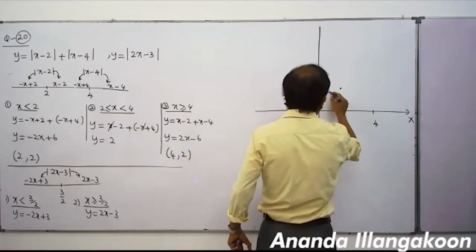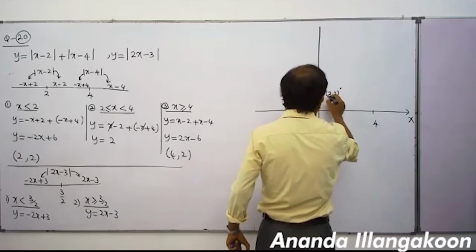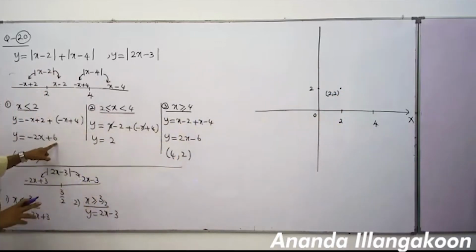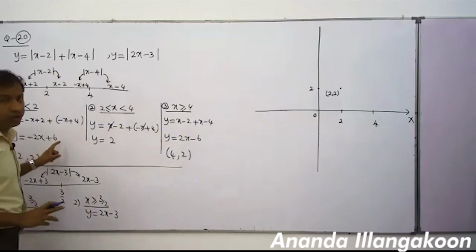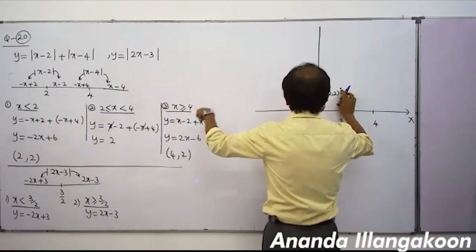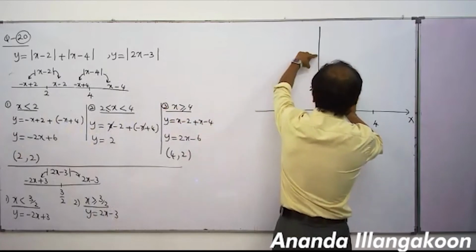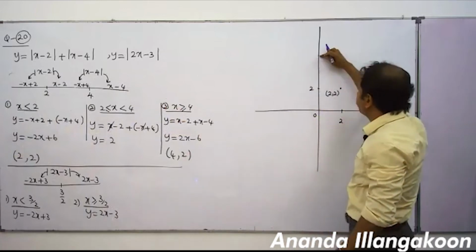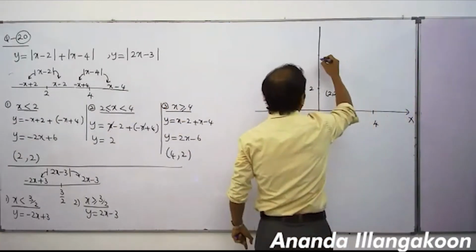This is the 2, 2 point. The graph is minus 2x plus 6. The graph passes through this point. Intercept is 6, people. Then here 2, no? 4, 6 somewhere here. All right. So that intercept point and this point now you can join.